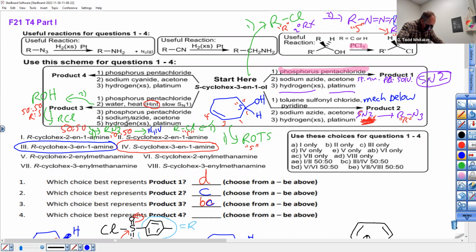And then RCl backside attack, sodium azide, acetone. Yeah. Hydrogen and platinum. If it was choice AE, then reaction 4 had to be sodium cyanide. That is the mistake on the answer key, by the way. AE is wrong, so we found a mistake. Error on key is corrected here.